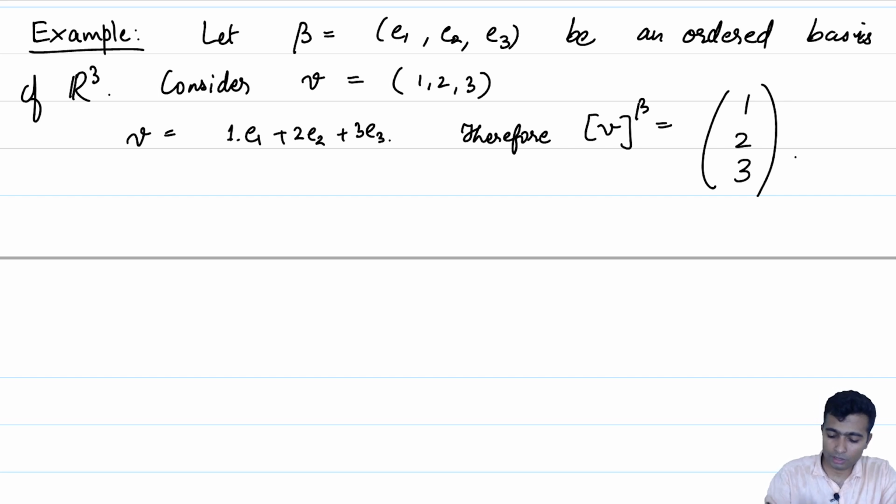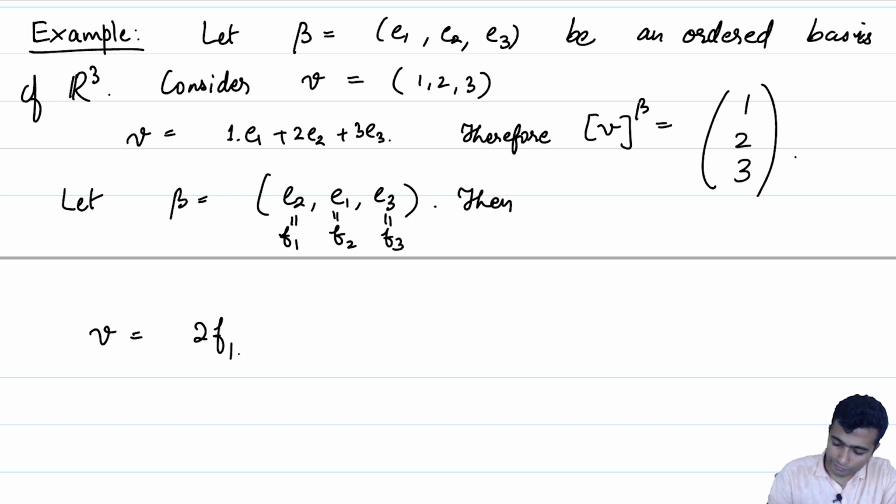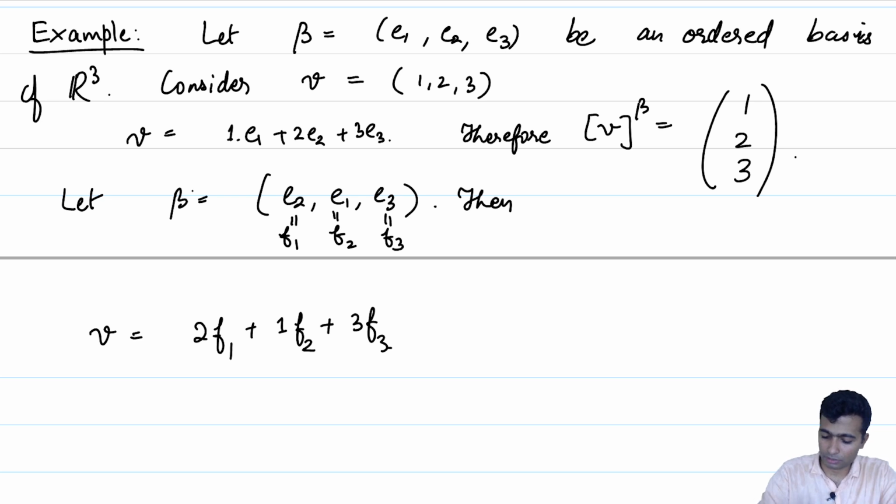Suppose we change the order, let beta prime be equal to E2, E1 and E3 like we had done earlier. Let us call these F1, F2 and F3. Then v is equal to 2 times F1 plus 1 times F2 plus 3 times F3. I have just changed beta to beta prime here because beta was already taken.